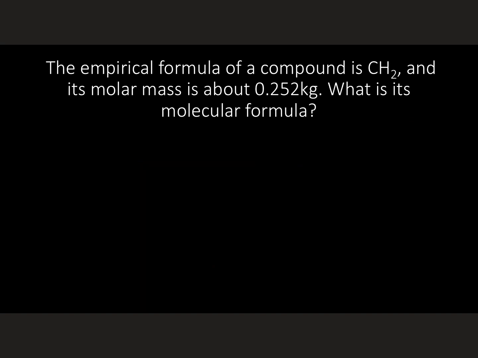So the empirical formula of a compound, some hydrocarbon, is CH2, and its molar mass is 0.252 kilograms. What is the molecular formula? Okay, so how are we going to figure this out? First, let's take that and convert it into something useful.